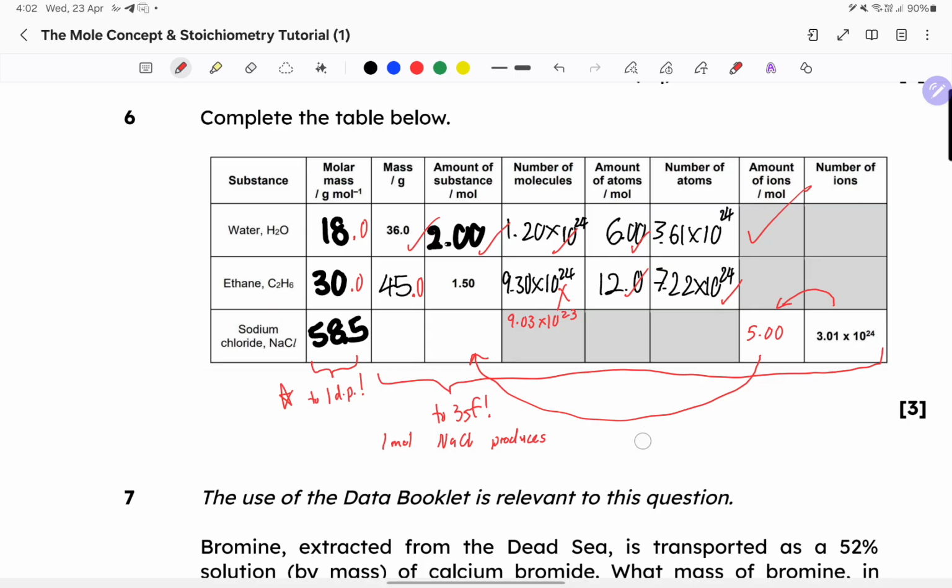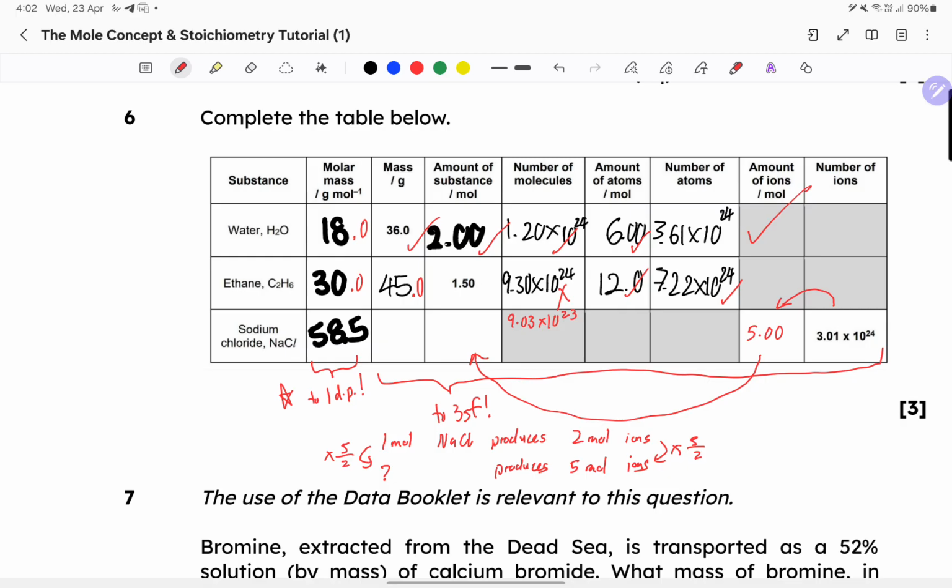So this means in totality it will have produced 2 moles of ions. So if I were to translate that, if I produce 5 moles of ions over here, this one will have been multiplied by 5 over 2. This one will also have been multiplied by 5 over 2.